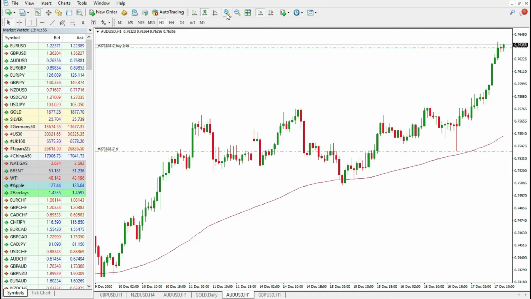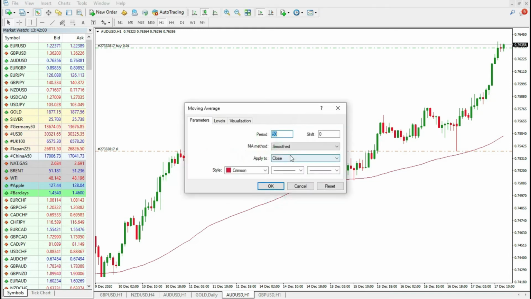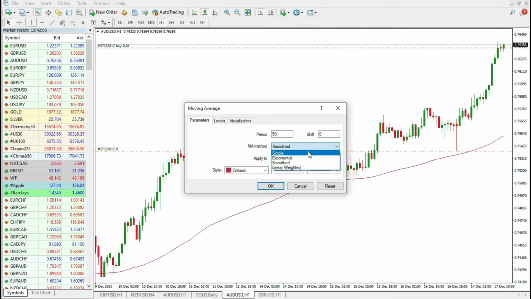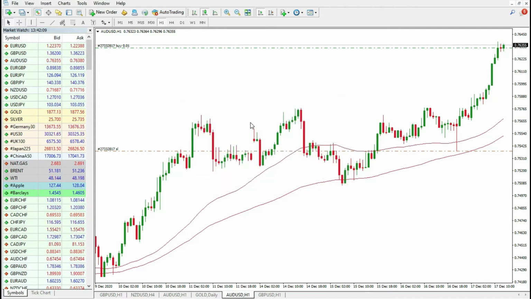But one question: what will happen if I put a simple moving average 50 here right now? As we can see, it is a little bit different, and you can say just now, oh, the smoothed moving average is better.